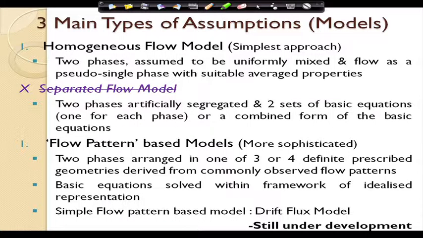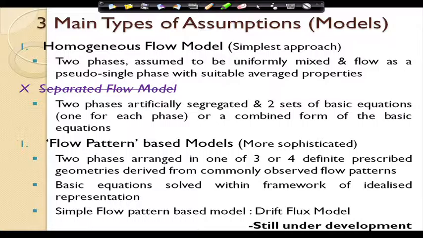And the third approach, which is more sophisticated and still under development, is that we assume the two phases to be arranged in one of 3 or 4 definite prescribed geometries, which can be thought of as the general distributions of commonly observed flow patterns.